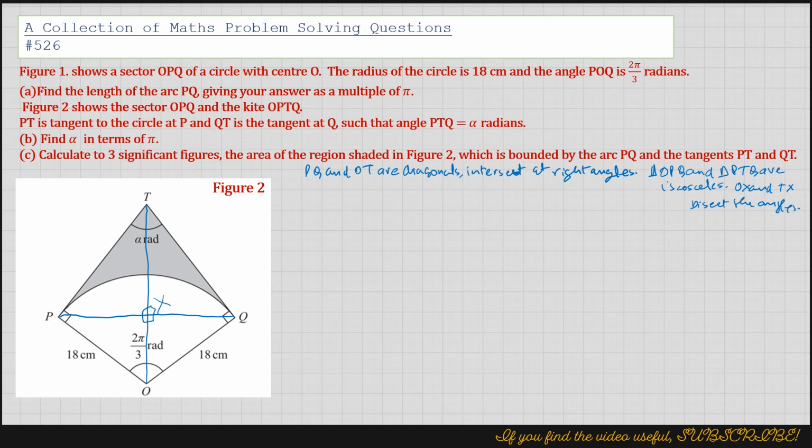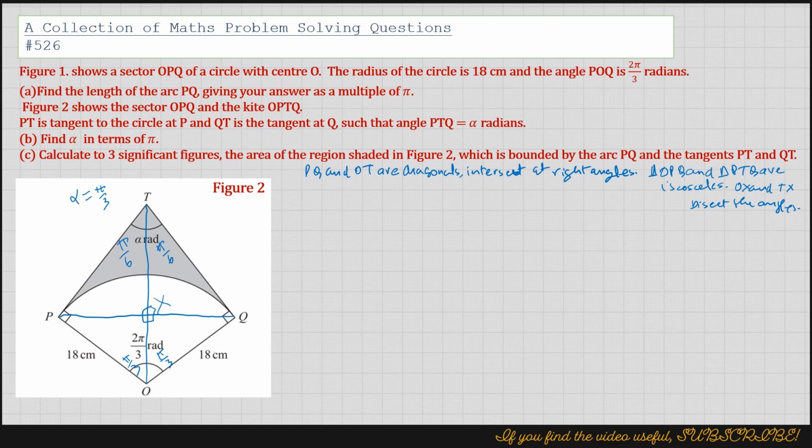The angle POQ is 2 pi out of 3, so angle XOQ would be pi out of 3, and then angle XTQ, we already know alpha is pi out of 3, so this would be pi out of 6 and pi out of 6. Okay, so that bit is important.